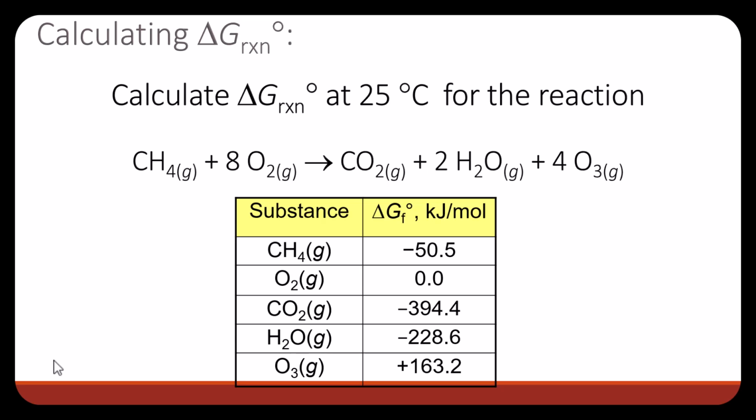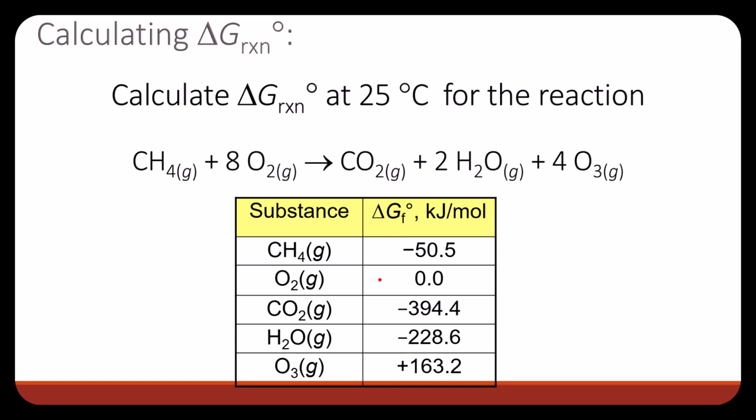So here's our example. We want to calculate the standard Gibbs free energy for the following reaction. So we have methane reacts with oxygen to produce carbon dioxide, water, and ozone. We are going to look at the standards for each of these.